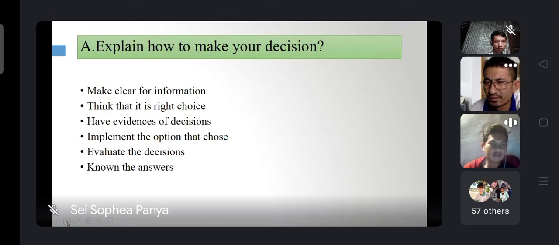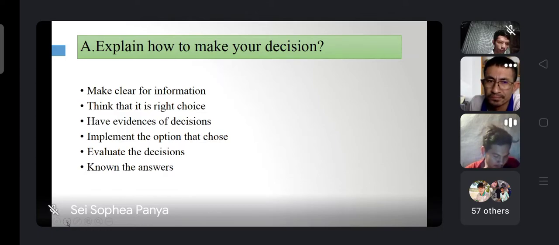The fifth one, evaluate the decision. Before you decide to get it, you need to check and evaluate to make it clear when you select the answer. The last one, know the answer.